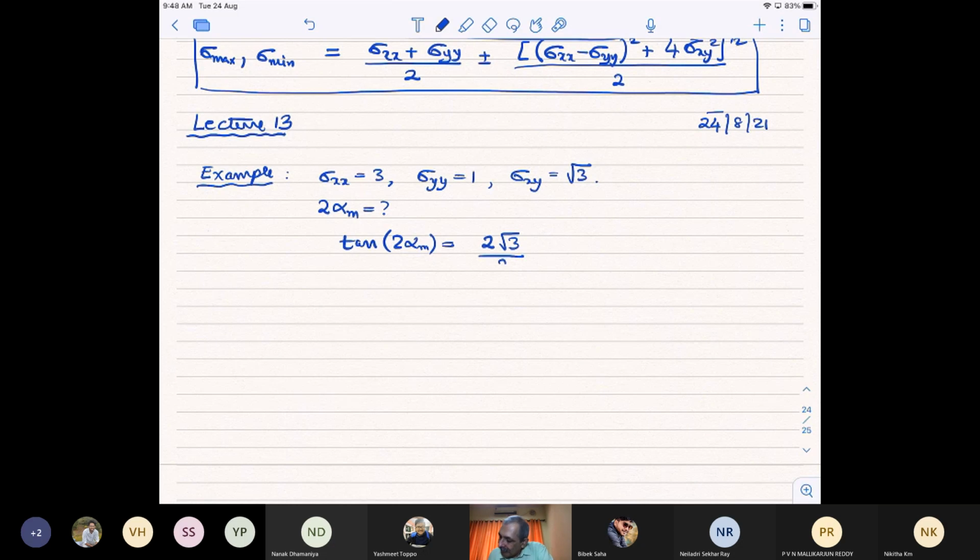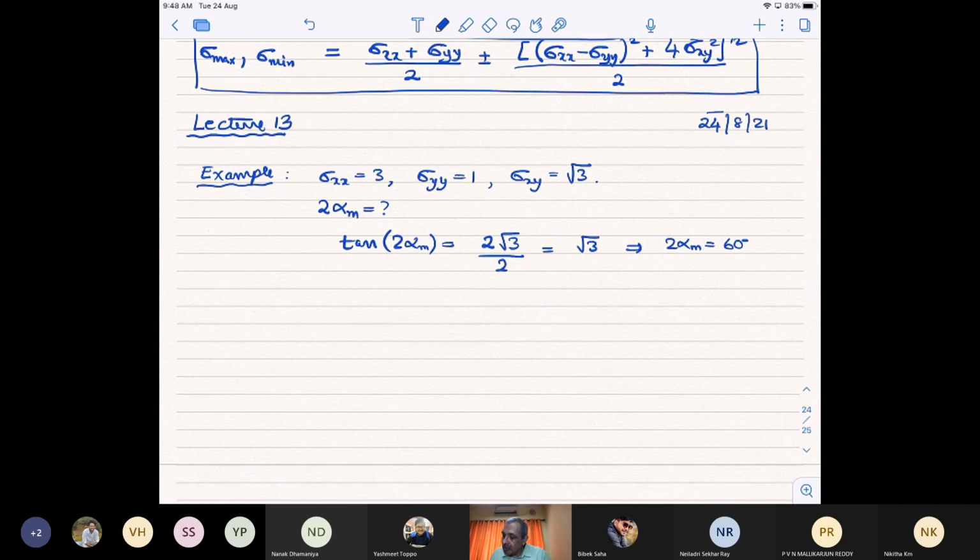Sigma xx minus yy is 2. So tan of 2 alpha m is square root of 3, and that essentially gives us that 2 alpha m is equal to 60 degrees. You can just put it in your calculator and you'll find out that in fact this is correct.